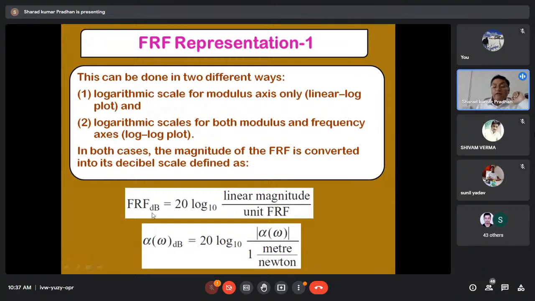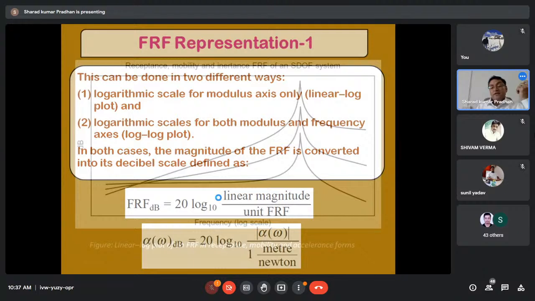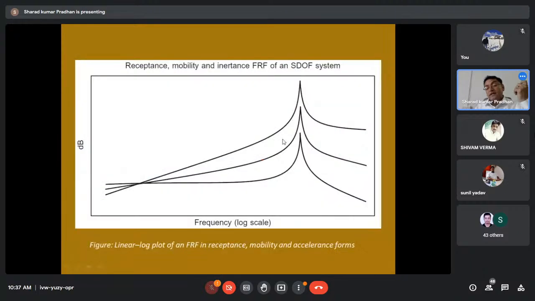It is called FRF in dB; we generally call it the dB scale. And this is the formula for that. Look at the FRFs, these are the FRFs plotted on the dB scale. It means you are taking the log of the frequency here and also the log of the amplitude. This is receptance, this is mobility, and this is inertance or acceleration FRF.